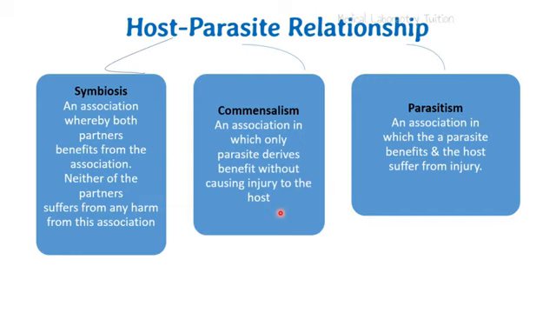An important example is Entamoeba coli, a parasite that remains in our intestine but does not cause any infection, and it can survive within our intestine. Another is parasitism, and this is very important because in medical parasitology we are studying this type of parasite, okay. An association in which the parasite benefits and the host suffers injury, very important.